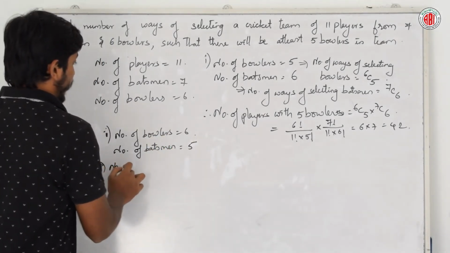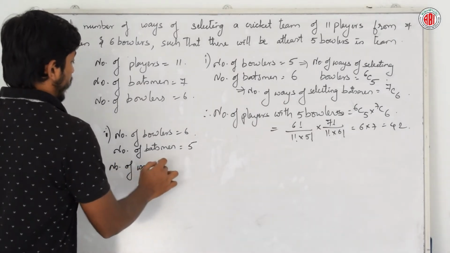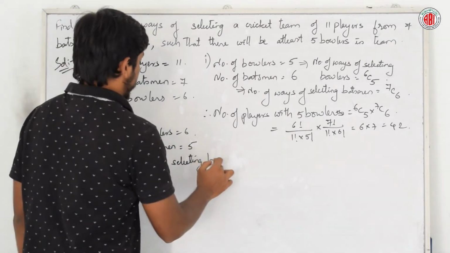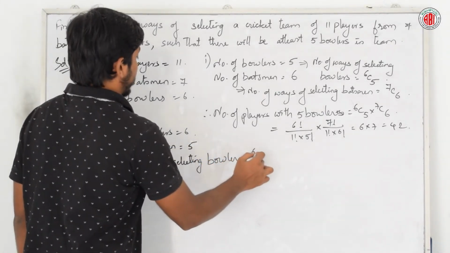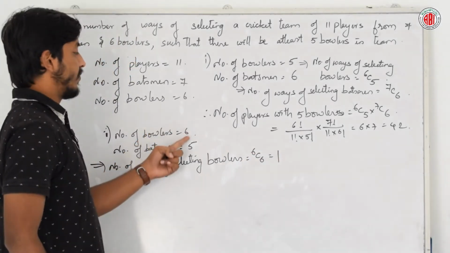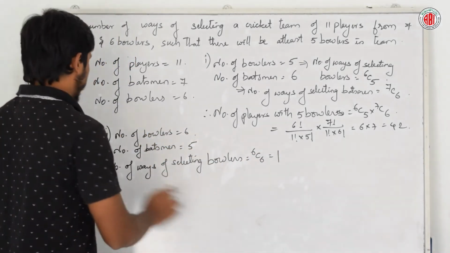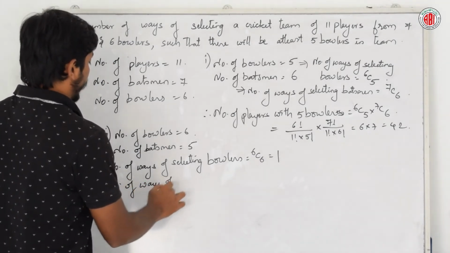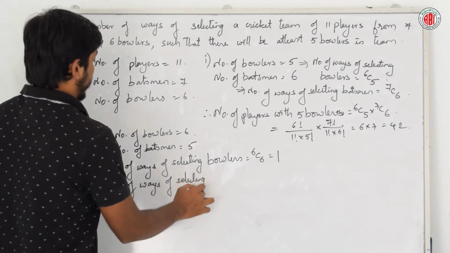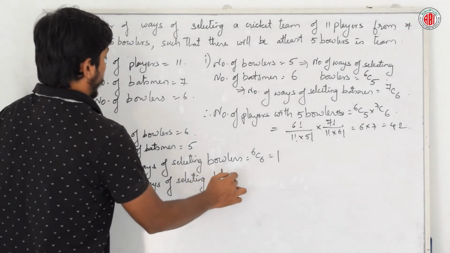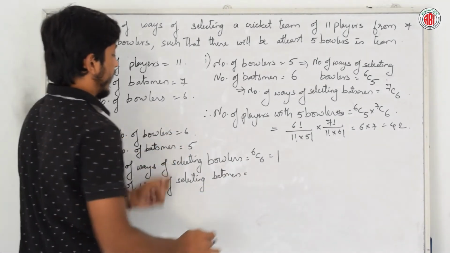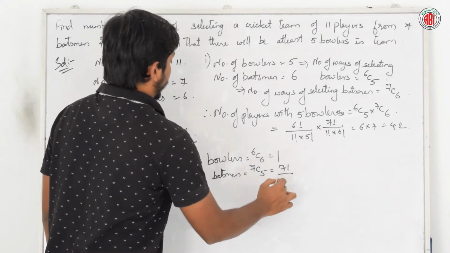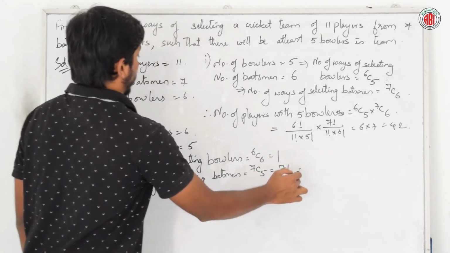So number of ways of selecting bowlers in this case is 6C6 is 1, because out of 6 we are selecting all 6, so it is 1. Next, similarly, number of ways of selecting batsmen is, out of 7 we have to select 5, that is 7C5, which is 7 factorial by 7 minus 5 is 2 factorial into 5 factorial.